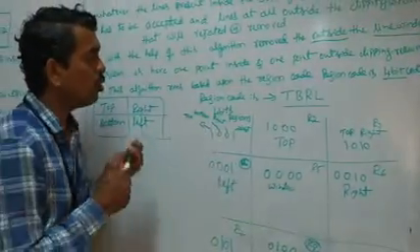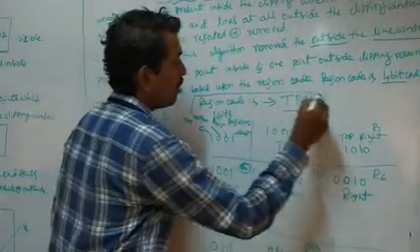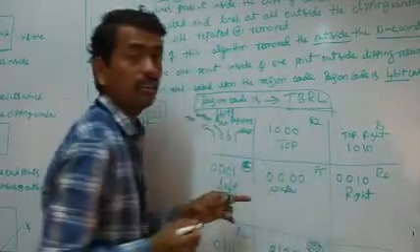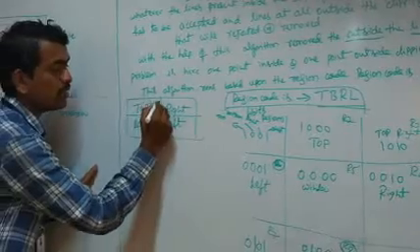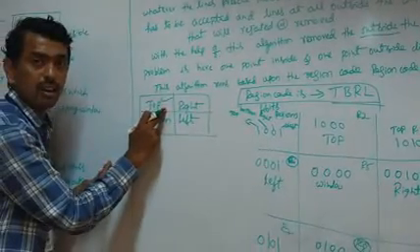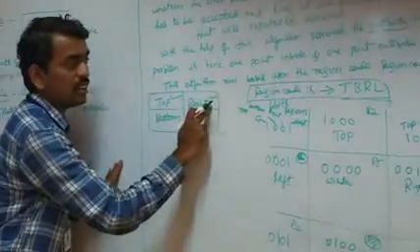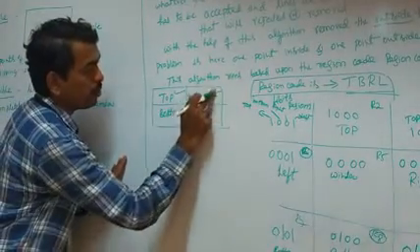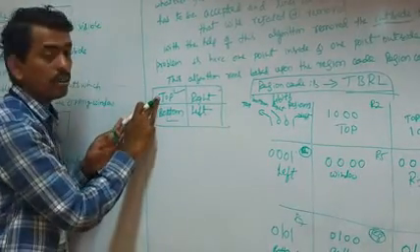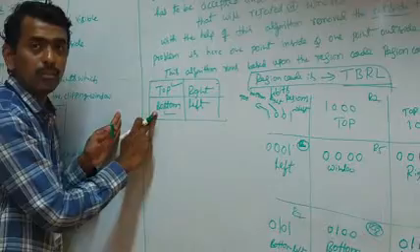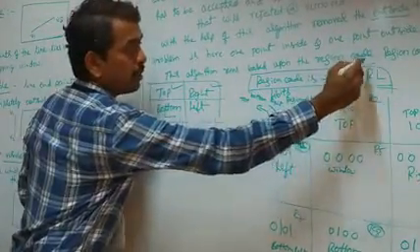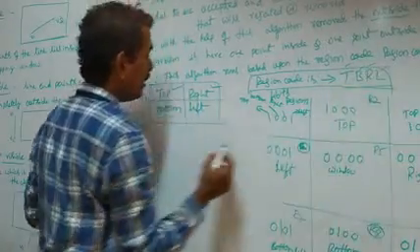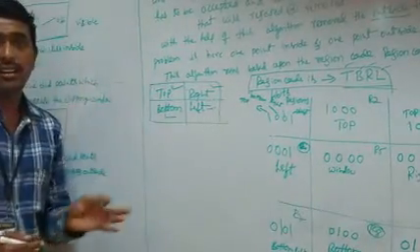The region code formula is TBRL: T is the top, B is the bottom, R is the right, and finally L is the left.